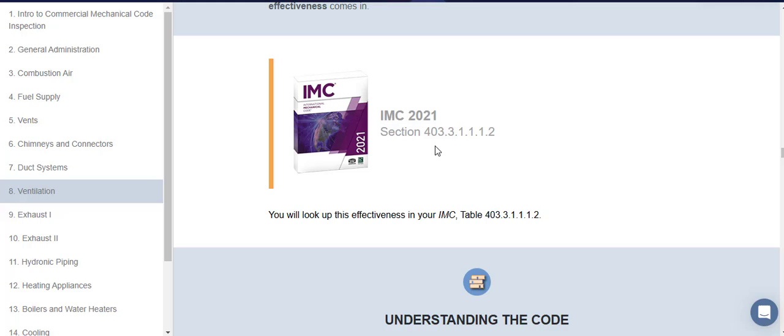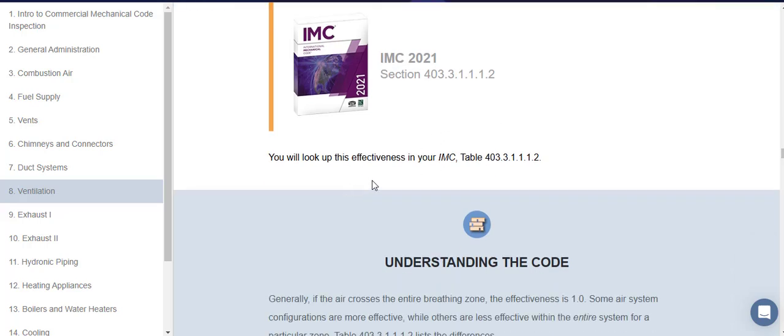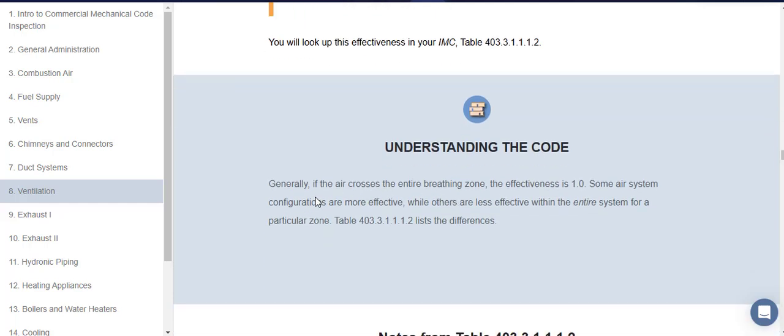International Mechanical Code 2021 section 403.3.1.1.1.2. We will look up this effectiveness in the International Mechanical Code table 403.3.1.1.1.2. Understanding the code. Generally, if the air crosses the entire breathing zone, the effectiveness is 1.